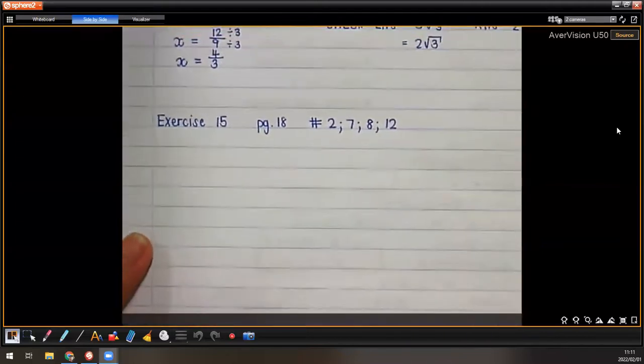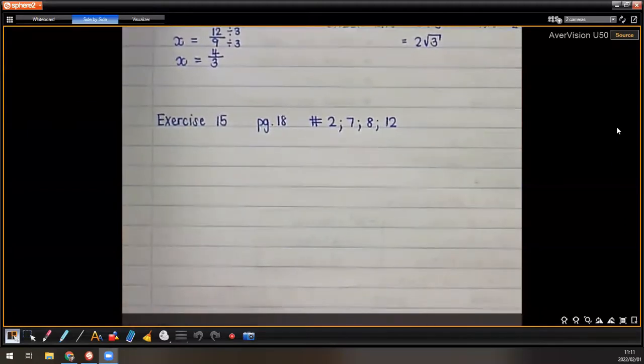Questions 2, 7, 8, and 12. It's 4 of these. You can start working on that now.